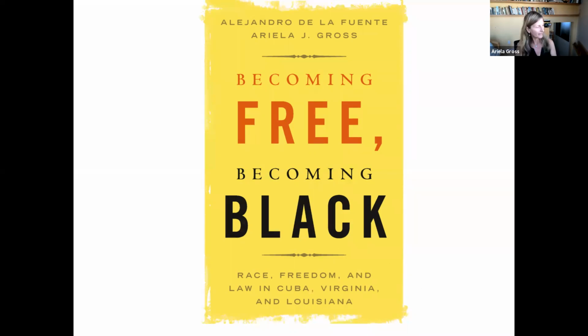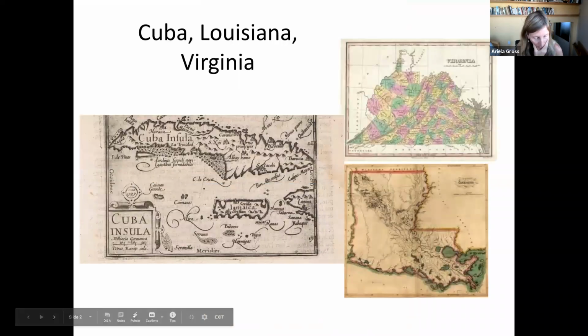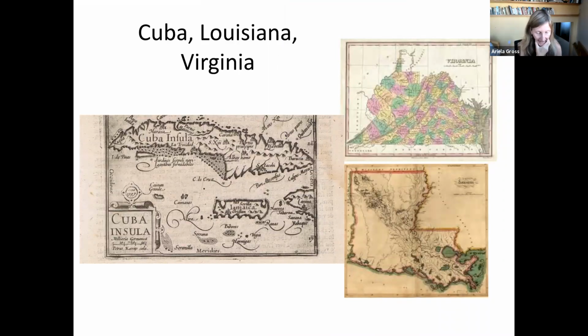So, the question that we're asking, well, I want to say first, we chose three places to compare, and in taking this comparative approach, we recognized that we weren't dealing with three hermetically sealed jurisdictions totally separate from one another, but ones situated in the same Atlantic world where people, ideas, and legal doctrines were circulating freely among them.